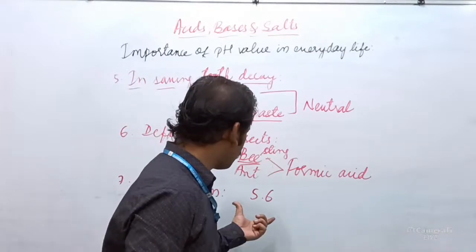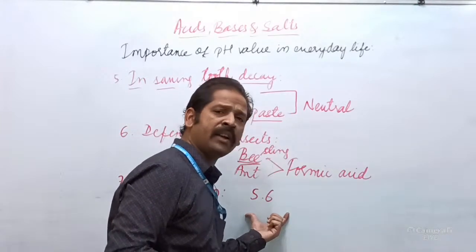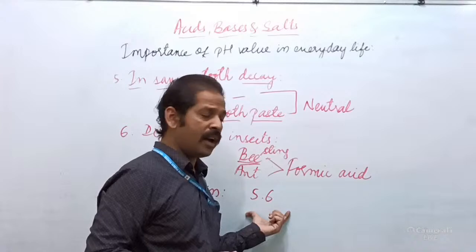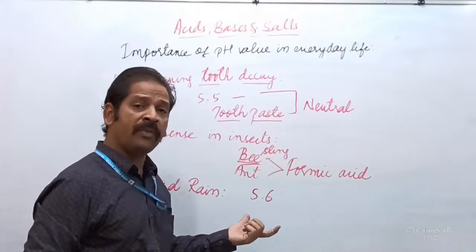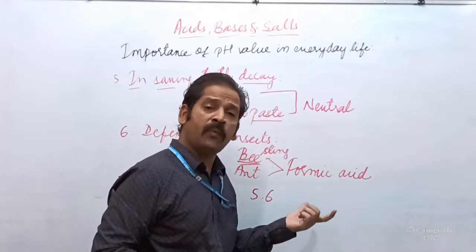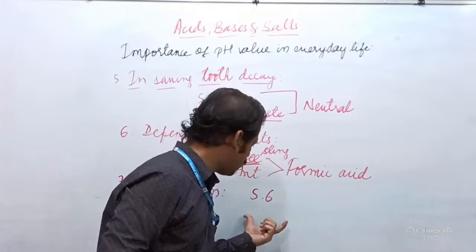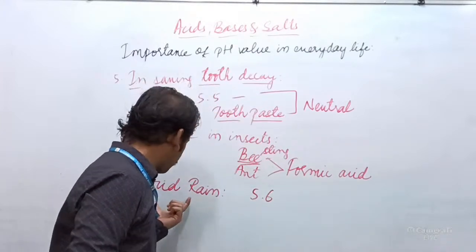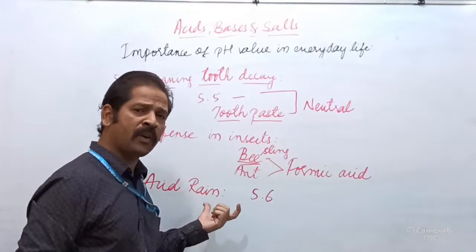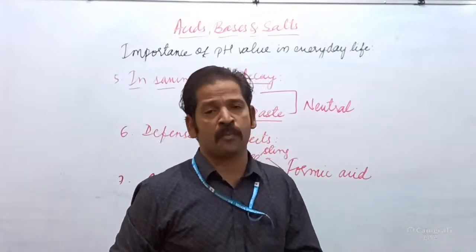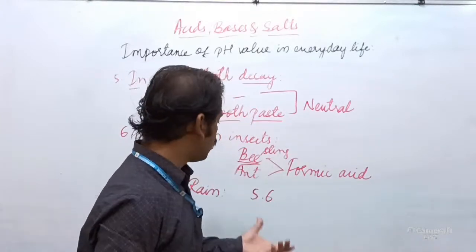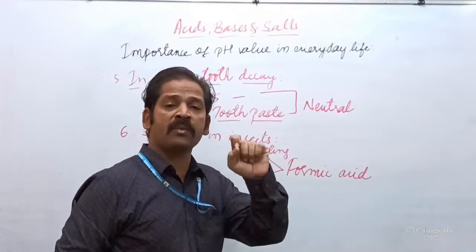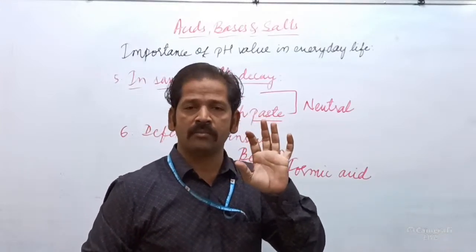Acid rain consists of nitric acid and sulfuric acid. These acids mix with the rainfall, and when they fall on the monuments, the marble of the monuments will get trouble.